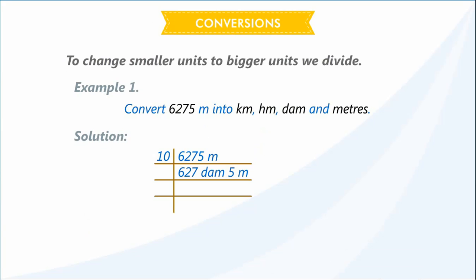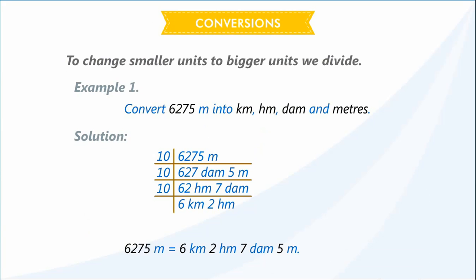It becomes 627 decameter 5 meter. To convert decameter into hectometers, we divide by 10. It comes out to be 62 hectometer 7 decameter. To convert hectometer into kilometer, we again divide by 10. It comes out to be 6 kilometer 2 hectometer.